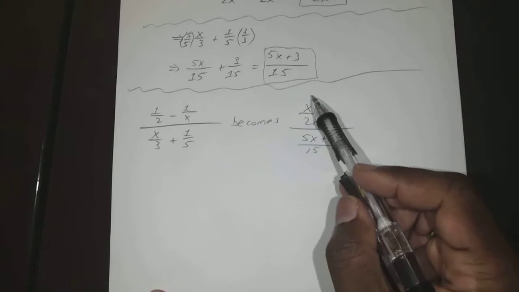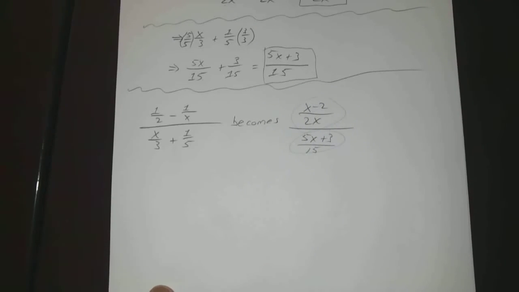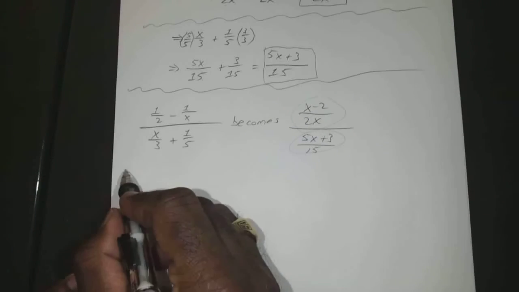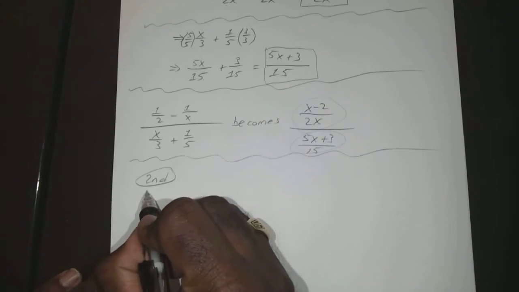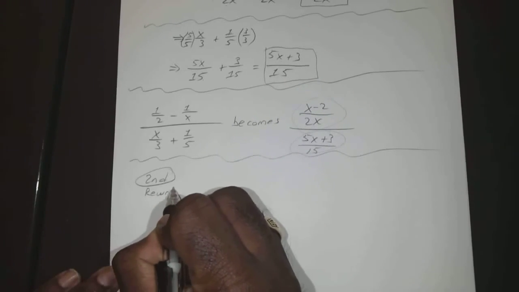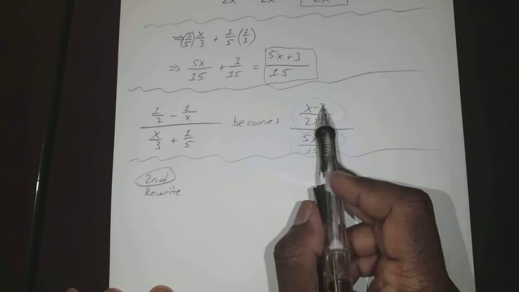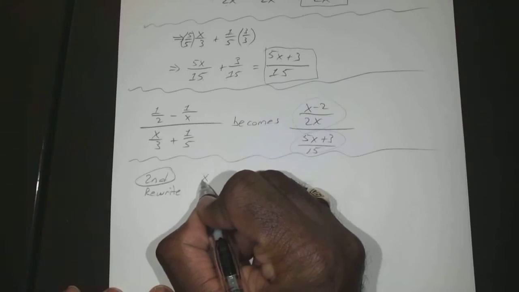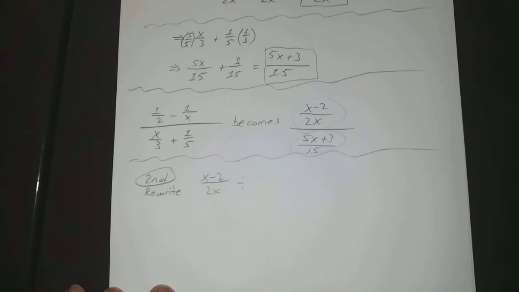Okay, so now we have our single fraction up here and single fraction down there. Okay, so now we go to our second step, which is we rewrite it. Okay, so you have x minus 2 over 2x divided by 5x plus 3 over 15.